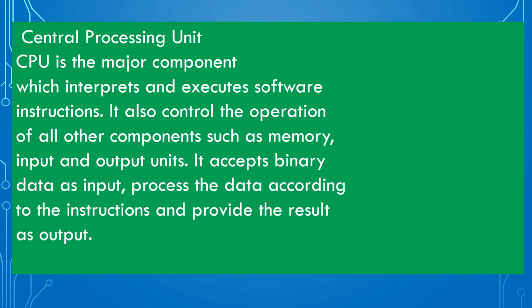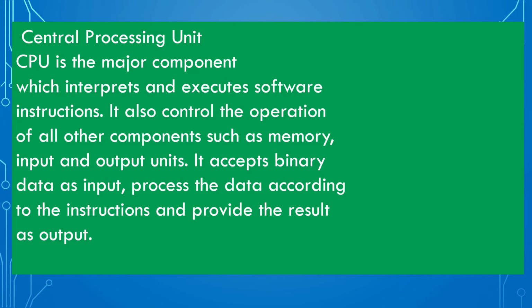After giving the input, the central processing unit executes the software instructions. It also controls other components such as memory, input and output. It accepts binary data as input, processes the data and provides the result.